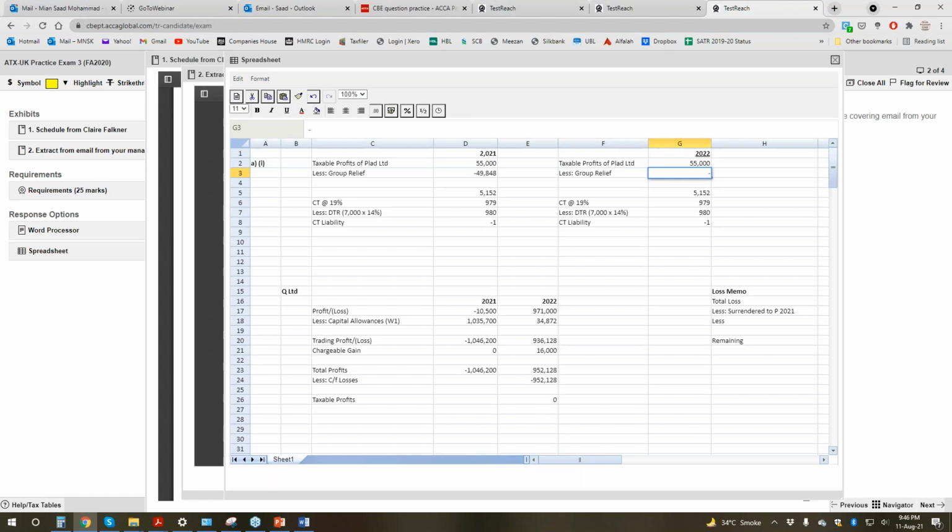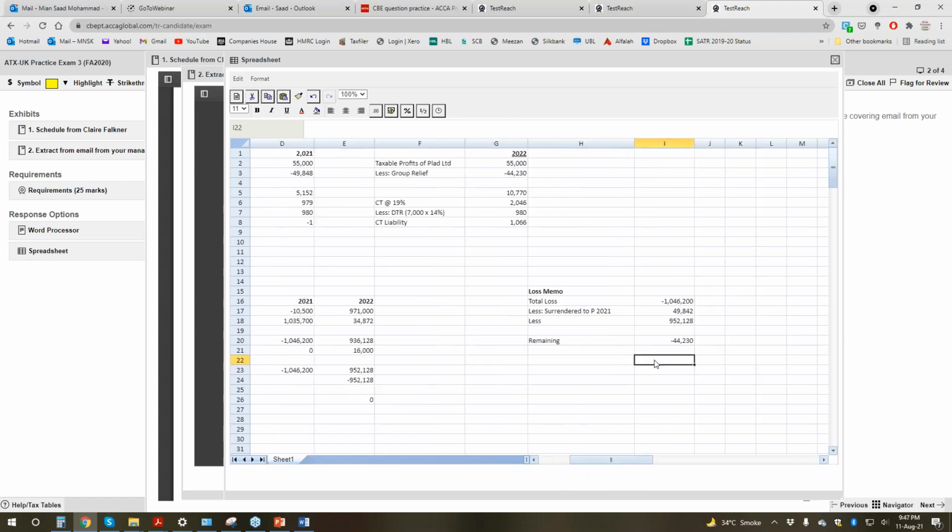This year the losses figure is 44230, as these are the only losses, and they have now been surrendered to P as well in 2022, and now there are zero losses remaining.